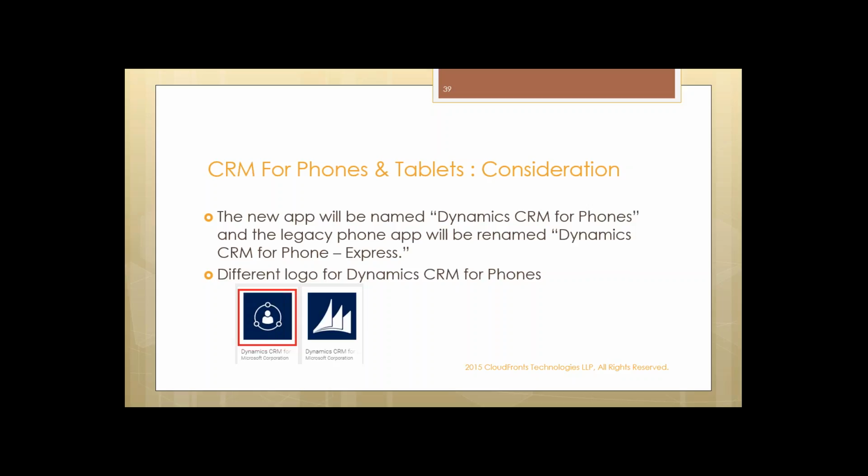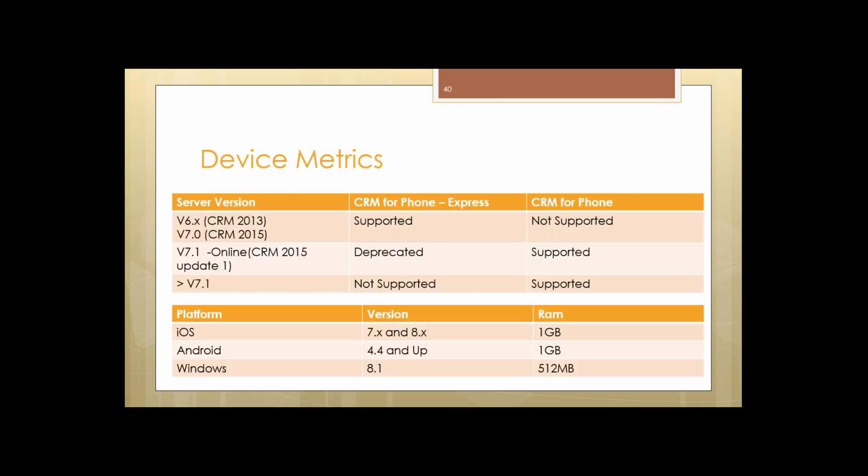Let's walk through the requirements and limitations. The new application is only limited to online. For on-premise users, it will be available after the fall release, so they need to wait till then.